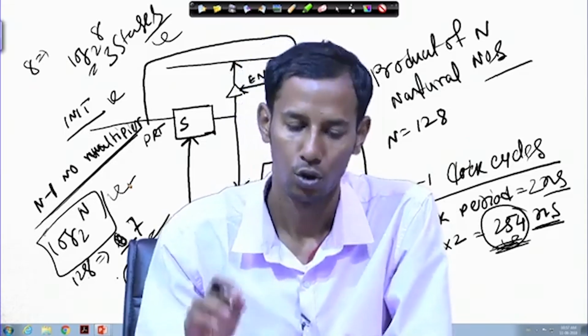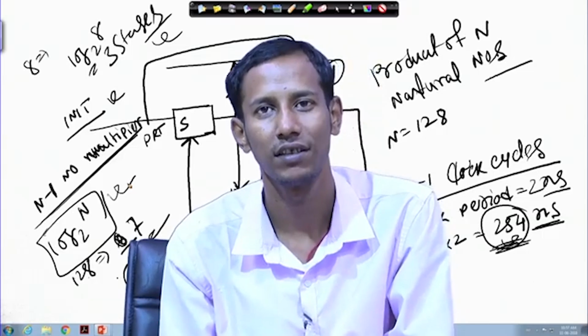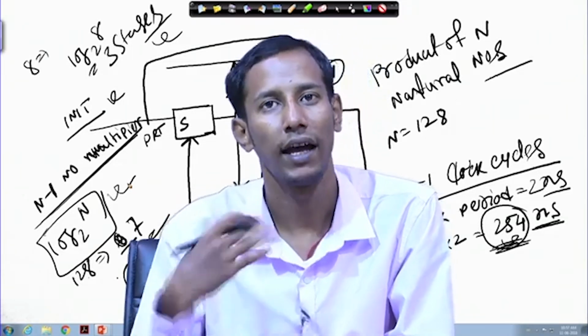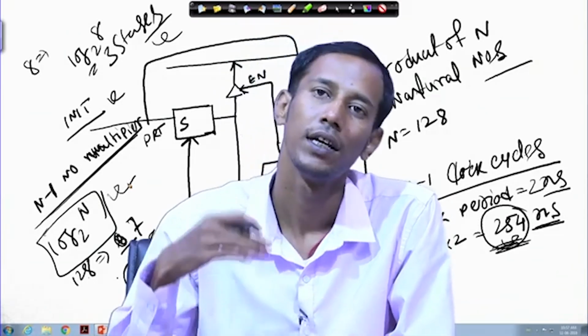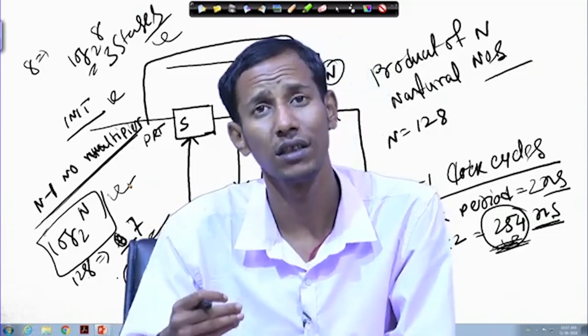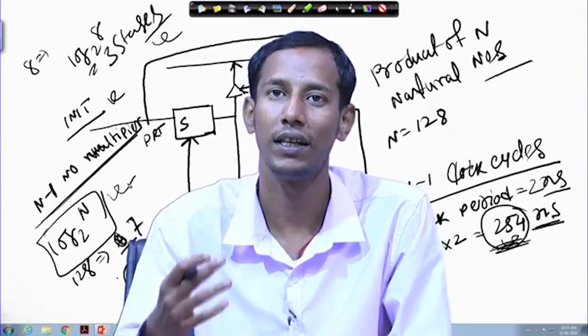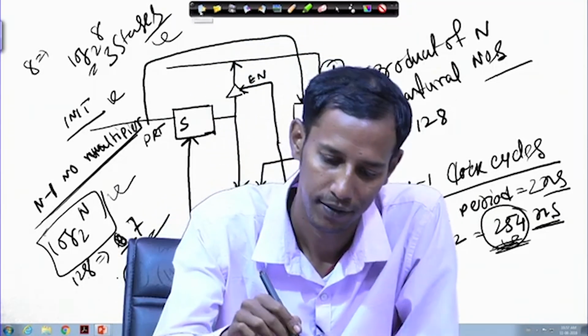Okay. So, this is the sum of product of n natural numbers. Then we will see another function, and how we can start and build the architecture for it.